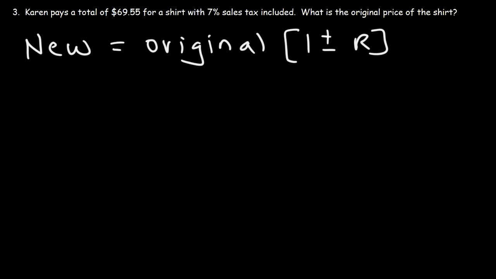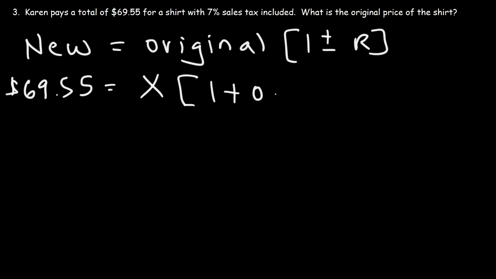So we have the new price, which is the total price after the tax has been added, and that's $69.55. We're trying to calculate the original price, so we're going to call it x. And we're dealing with sales tax, so that's going to increase the original price. So we're going to use positive r. 7% is 7 divided by 100, which is 0.07.